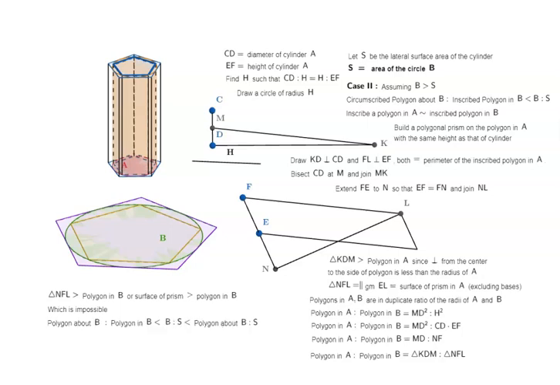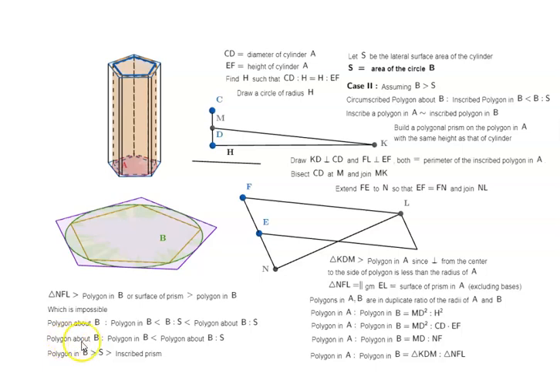Now, why is that impossible? Because polygon about B is to polygon in B is less than B is to S, which is in turn less than polygon about B is to S. So polygon about B is to polygon in B is less than polygon about B is to S. So which means polygon in B is greater than S, which is greater than the inscribed prism.